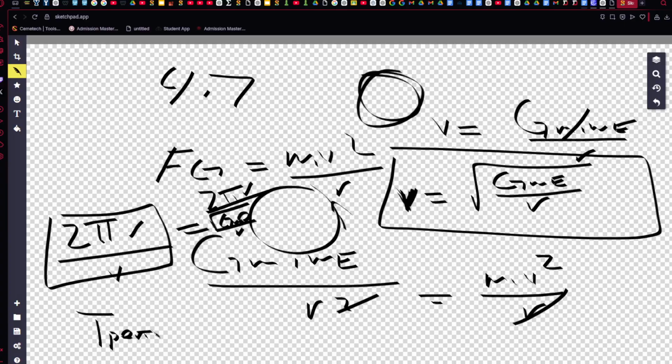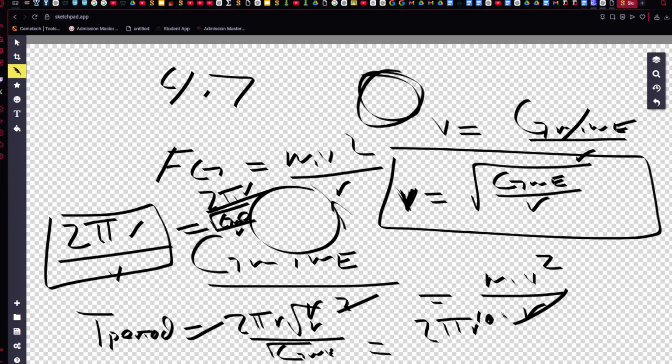So the time it takes for a satellite to travel around once is going to be equal to 2 pi r times the square root of r over GME, which is exactly equal to 2 pi r to the 1.5 over the square root of GME. And this is not exactly Earth either, it could be any orbiting planet, just anything that relies on a gravitational pull as a centripetal force. So this is the formula to calculate the period of something traveling in a circle. And a period is just the time it takes to do one full revolution.